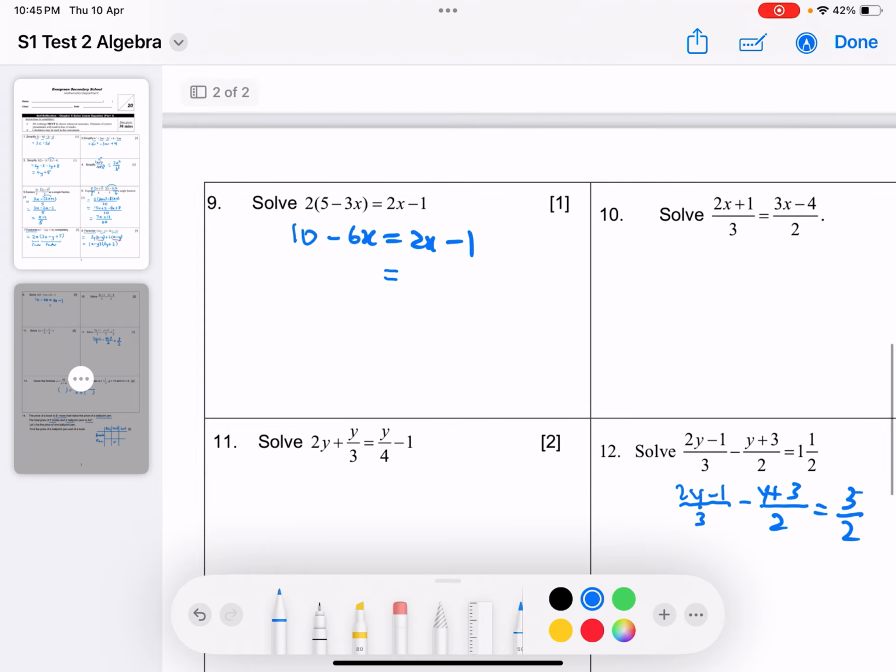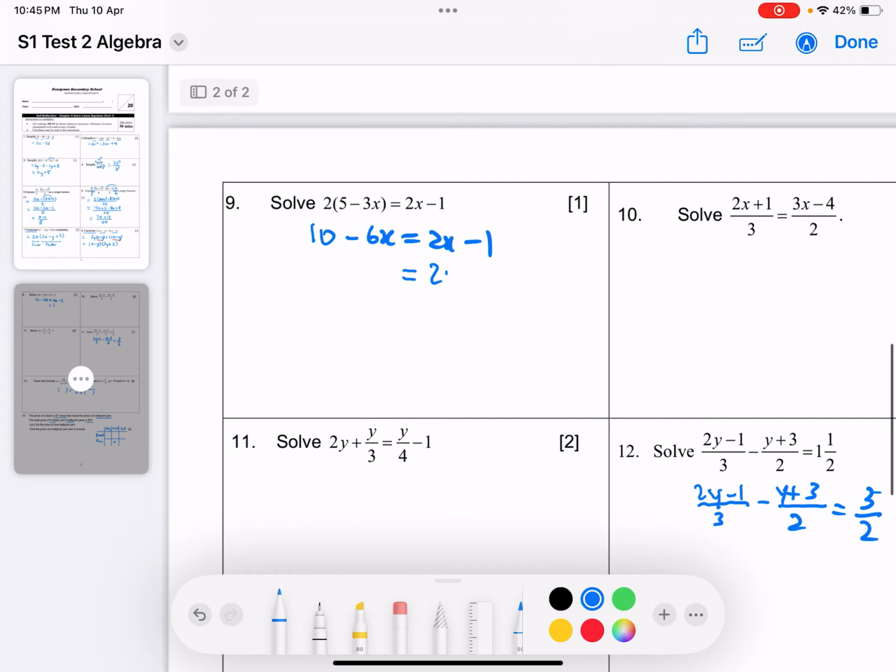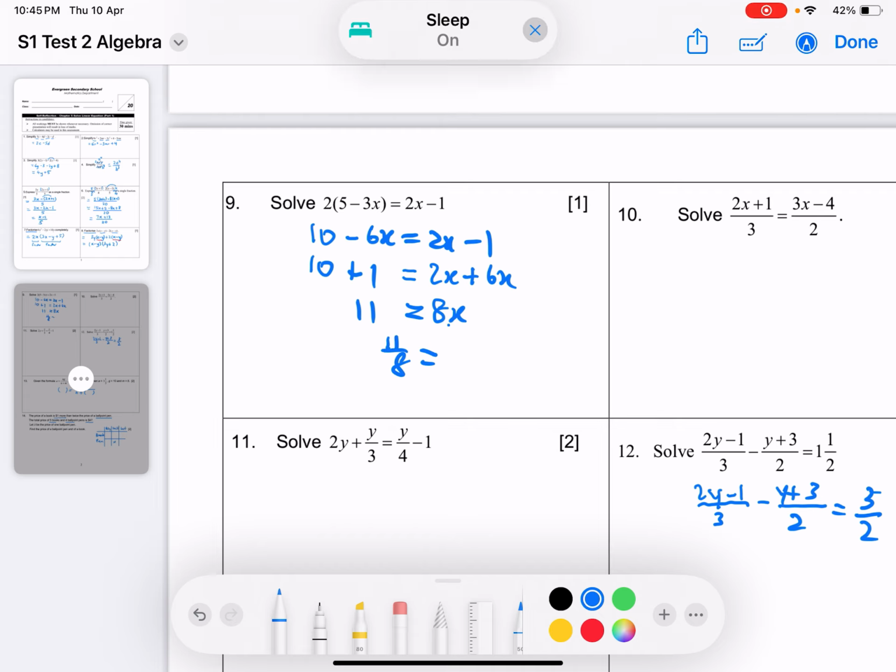Negative 6x brought over is plus 6x, and negative 1 brought over is plus 1. So now we have 8x equals 11. The 8 is multiplied, so to bring it over, we divide. So x is 11 over 8. But usually we put the unknown on the left.